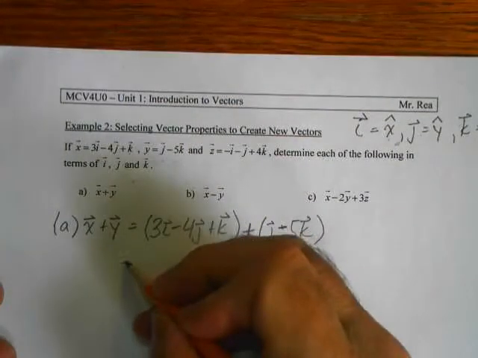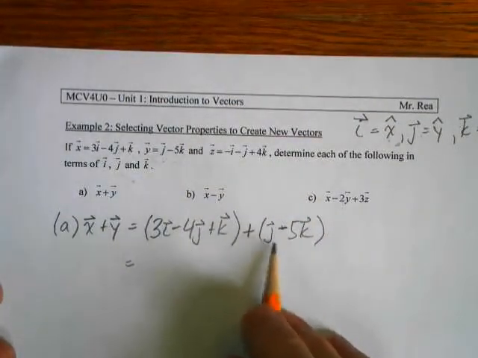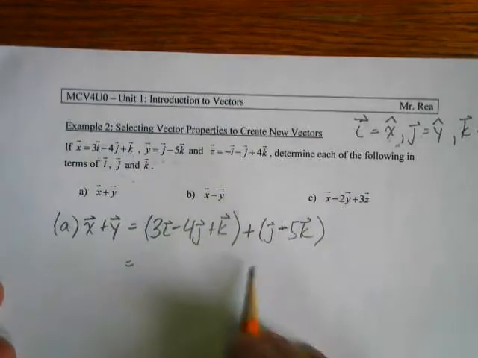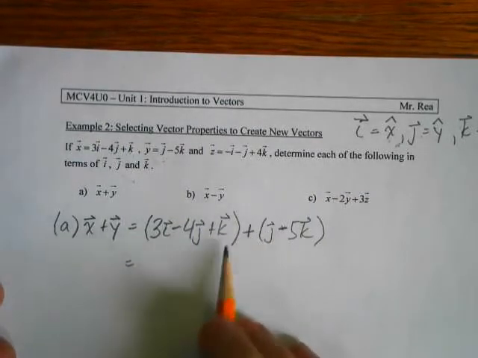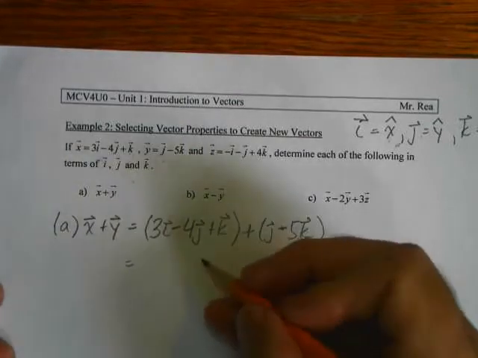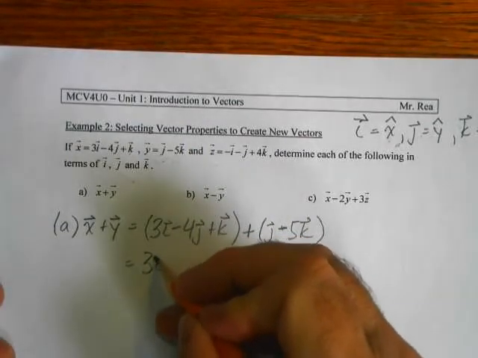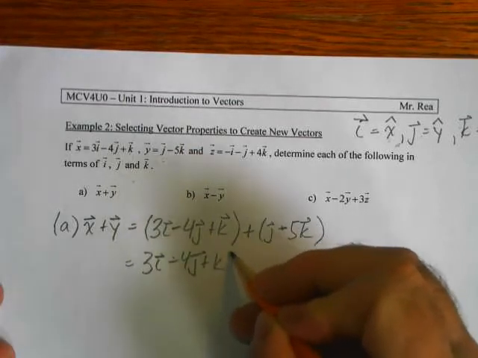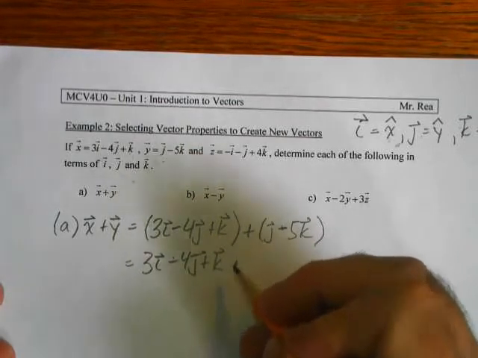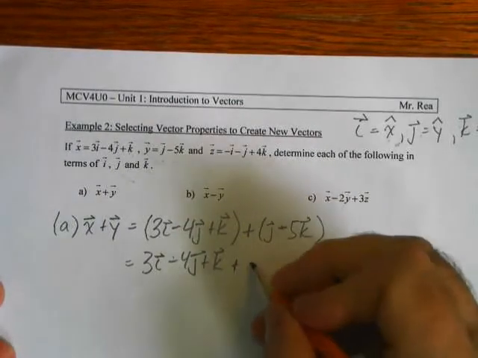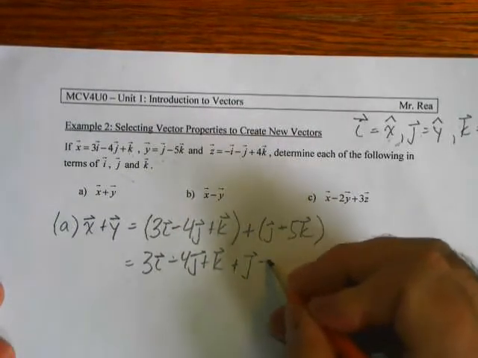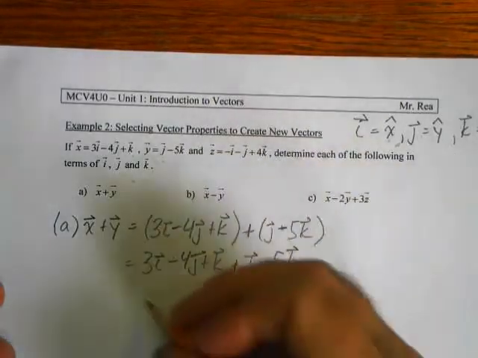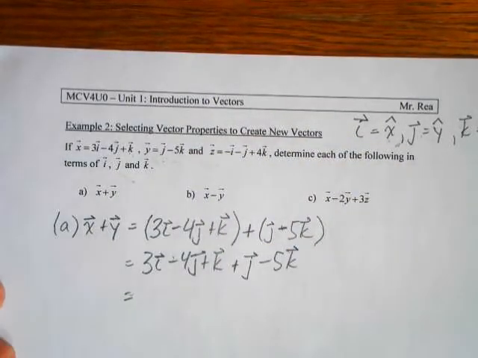Okay, so I'm just going to remove the brackets. It doesn't really change anything for this example since I'm adding. It would if I had a scalar or negative sign in front. So I'll just rewrite them. 3i minus 4j plus k plus j minus 5k. Of course, I'm leaving out the word vector, just to make this a little bit shorter.